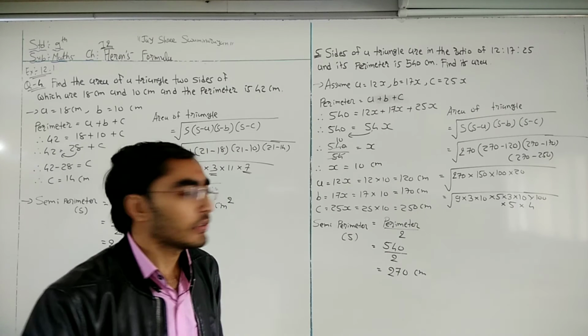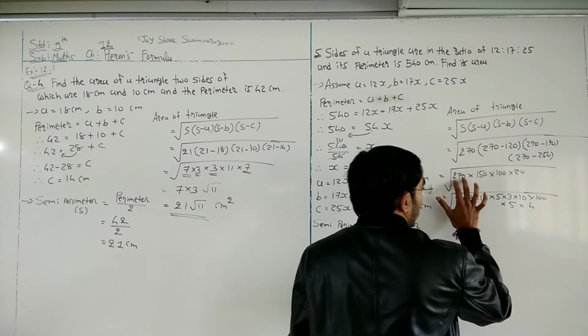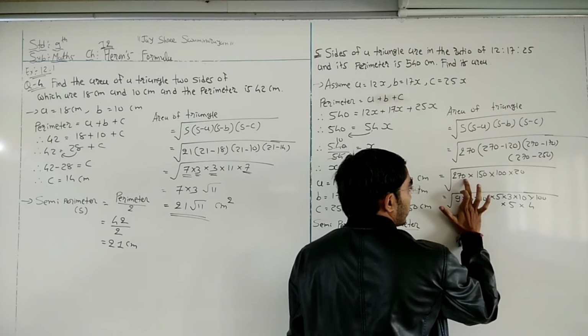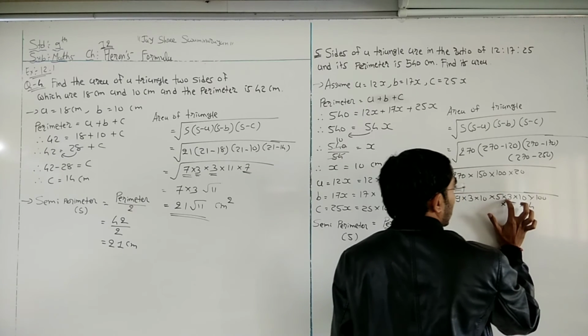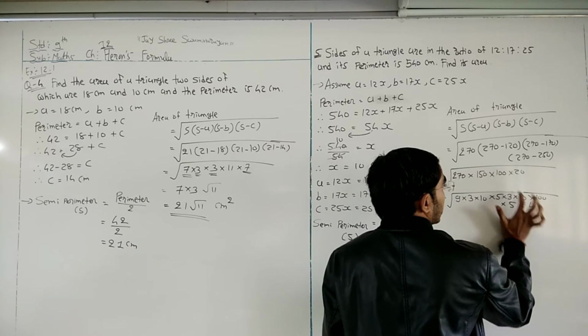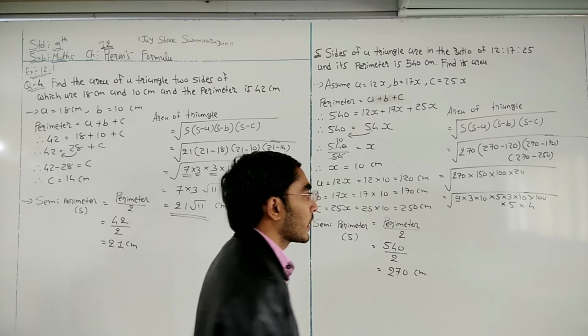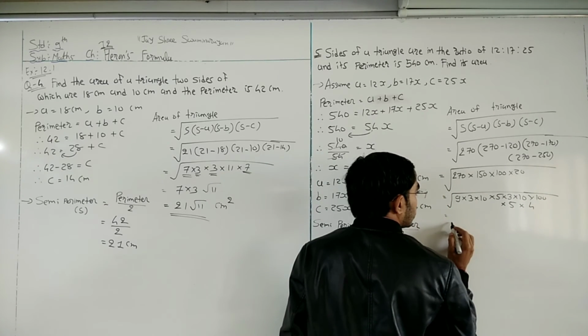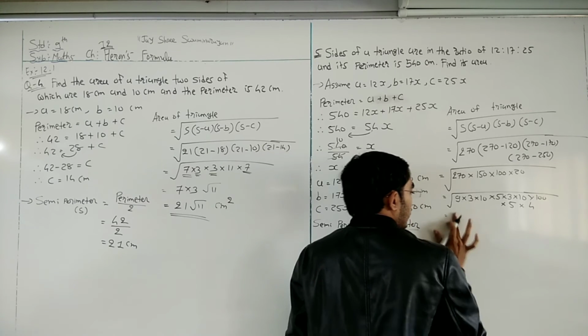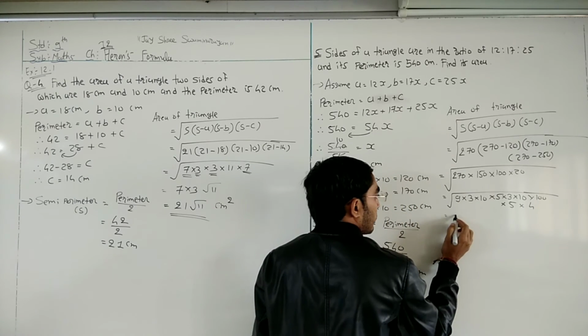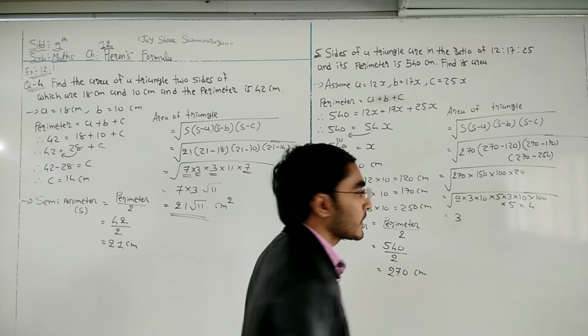Okay, just factorize. So 270, 9 3s are 27 into 10. Then for 150, 5 3s are 15 into 10. For 100 as it is, 20, 5 4s are 20. Okay. Now square root of 9 that we know 3.